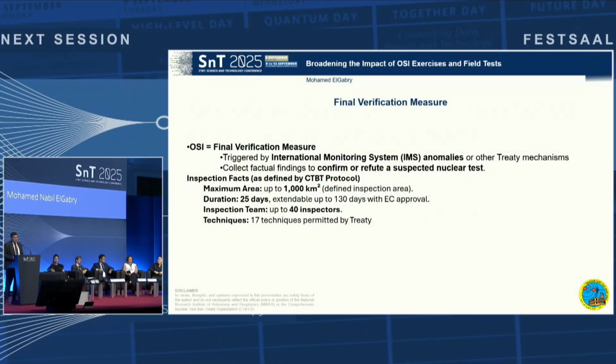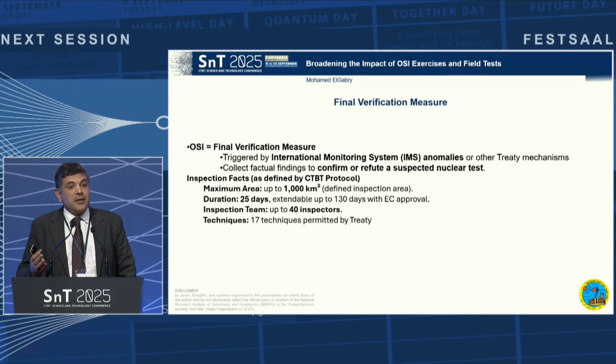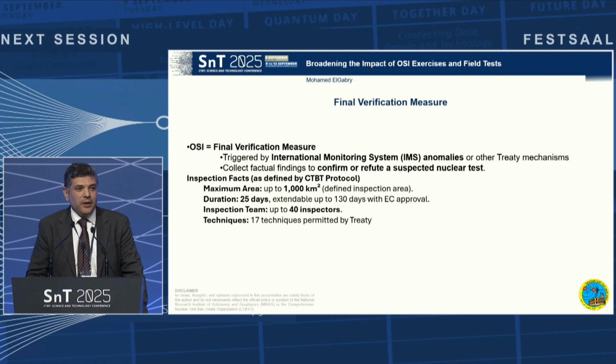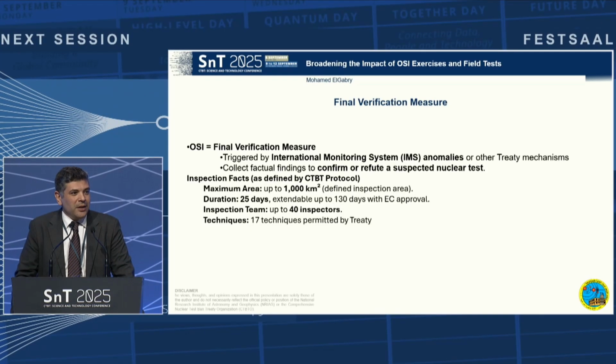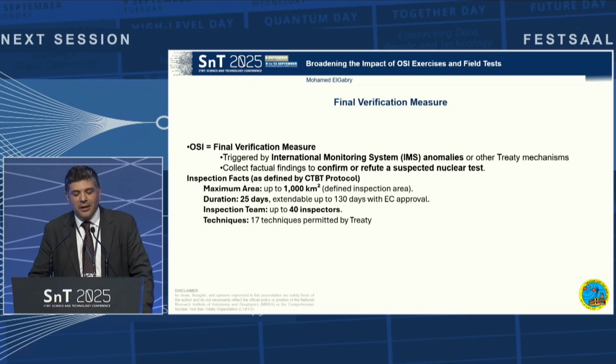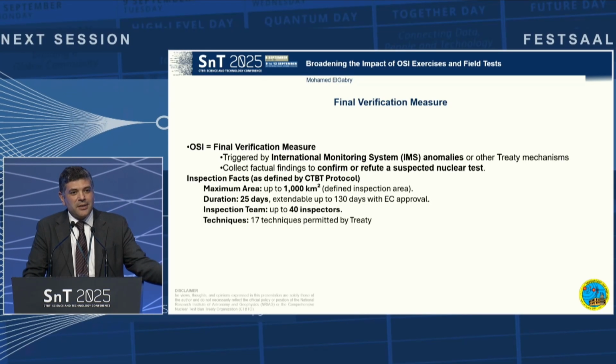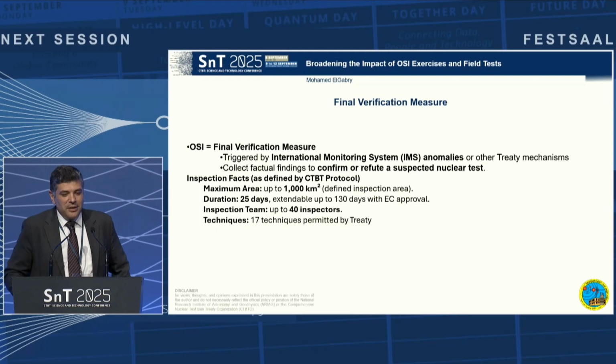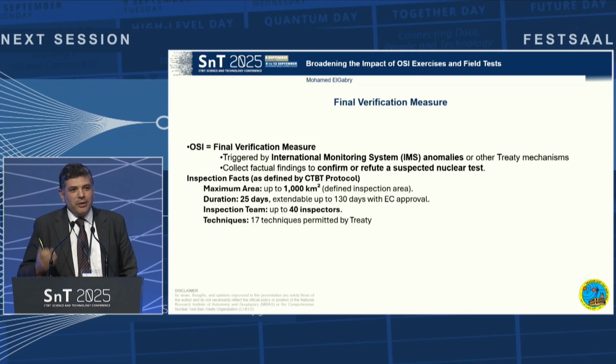As most of you know, OSI is a final verification measure. It comes at the end, after several layers of verification, from confidence-building measures to consultation and clarification, IMS data, and if we didn't succeed to be clear about an event which is suspicious, then we go to OSI.